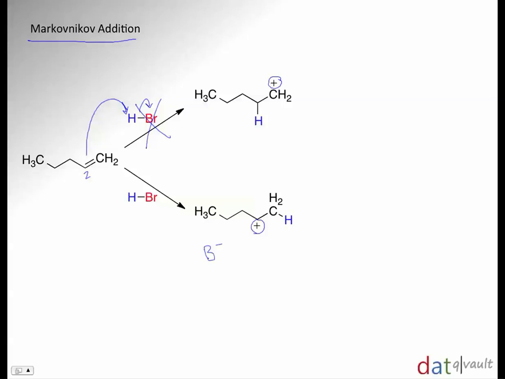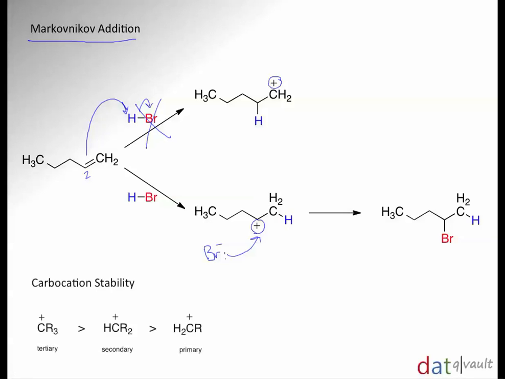So once we form this intermediate down here, bromine is going to add to the carbocation, and we're going to get Markovnikov addition of hydrogen bromide across this alkene, which means hydrogen adds to the least substituted carbon, and then the halogen is going to add to the most substituted carbon on the alkene. Again, we need to understand carbocation stability. Tertiary is more stable than secondary, which is more stable than primary.